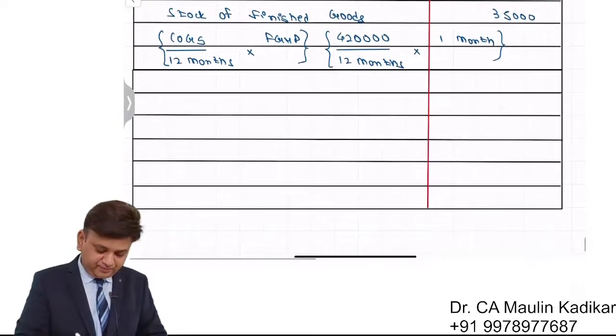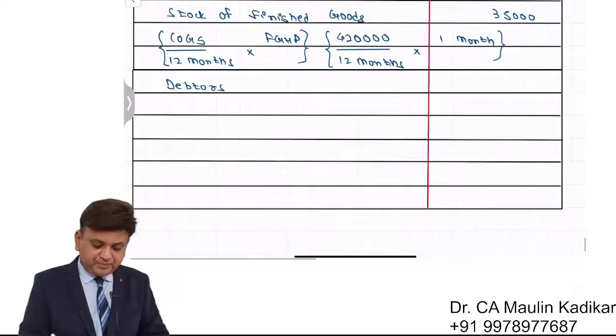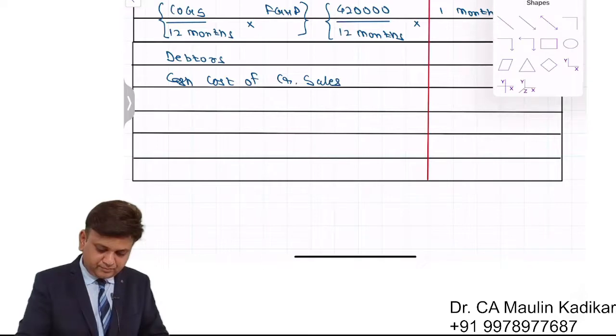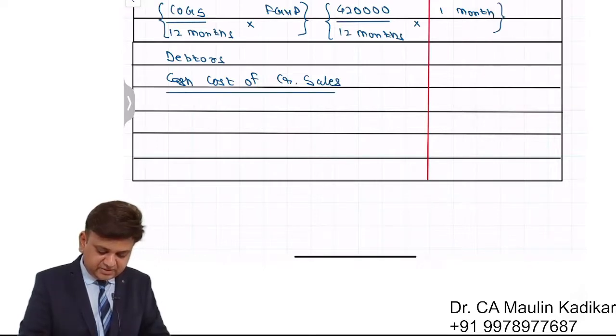Next, debtors. Debtors will be calculated as cash cost of credit sales divided by 12 months into average collection period.